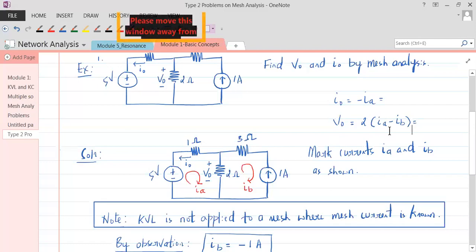IA is positive here because IA is approaching the positive sign of V0, and IB is approaching the negative sign of V0. That is why we give IA minus IB. If the polarities were inverted, suppose this is minus and this is plus, IB would be approaching positive and IA would be approaching negative. So in that case, I would have given it as IB minus IA.